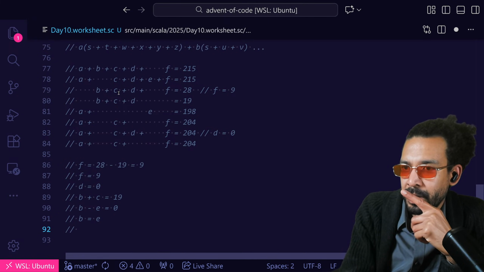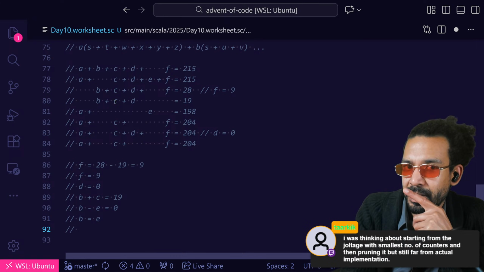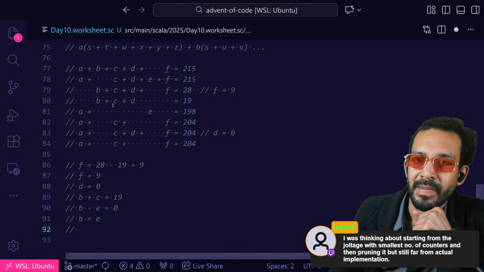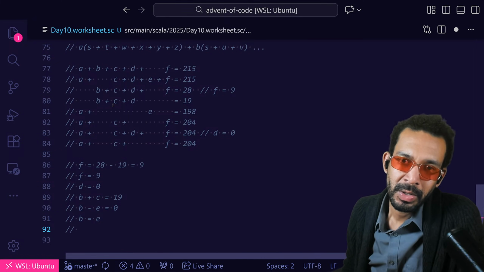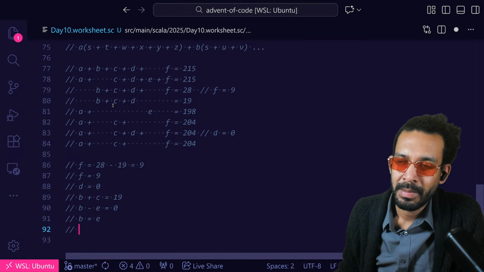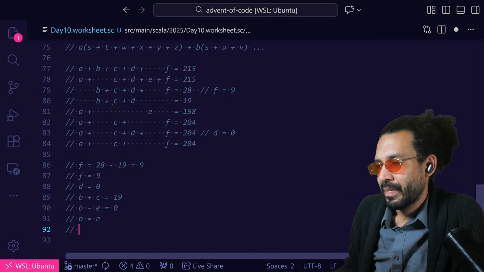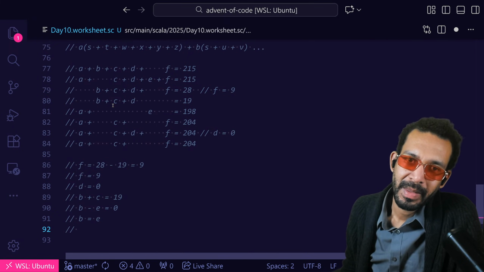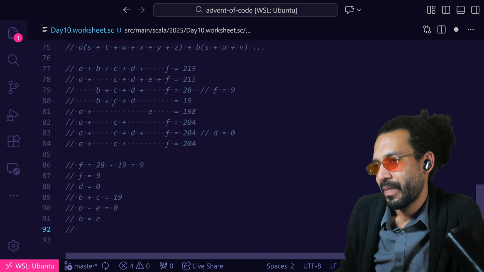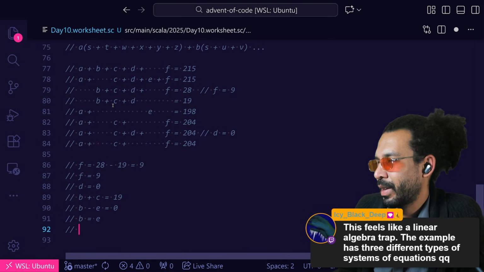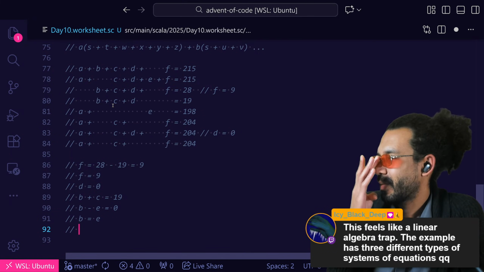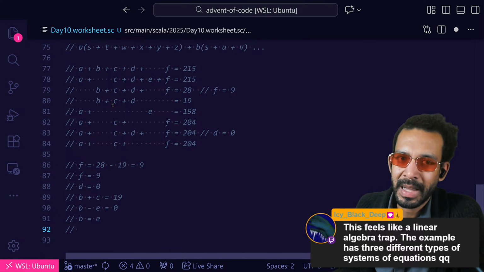You've got some similar equations. You were thinking about starting from the smallest number of counters and then pruning it. Yeah, I had that thought too. But where do you go from there, and how do you make sure you don't back yourself into a corner?